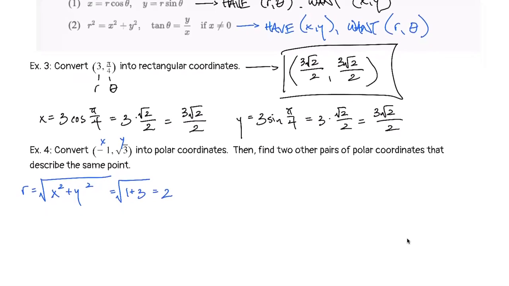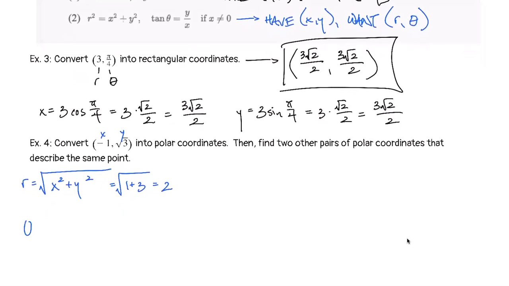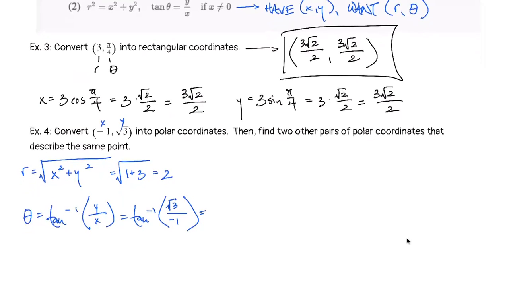Now, to find our theta, we know that theta, and someone mentioned this earlier, is the inverse tangent of the y over the x, or inverse tangent of root 3 over negative 1, okay? And what angle is that? And it might be helpful to know what quadrant your point is in.